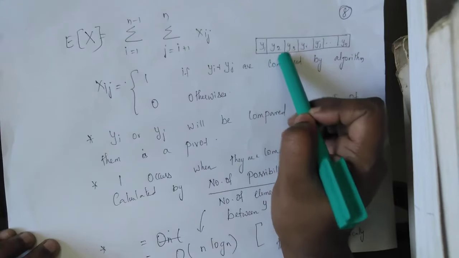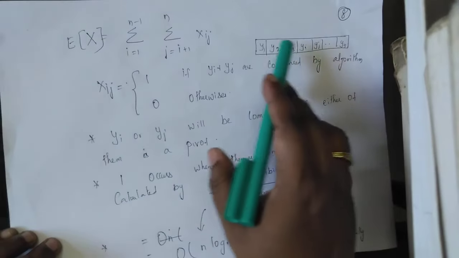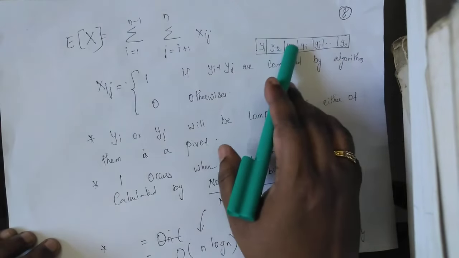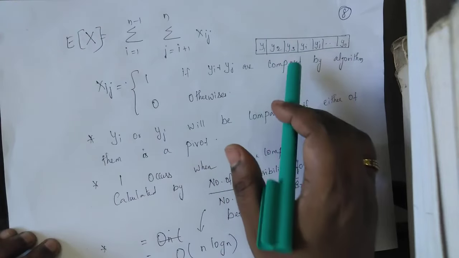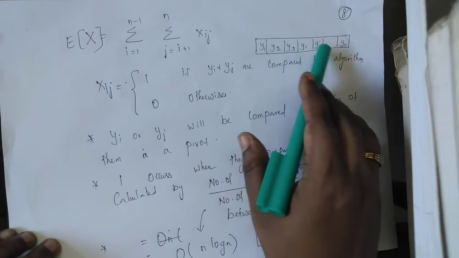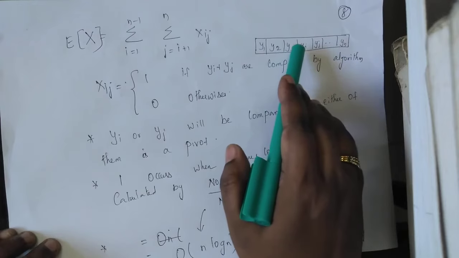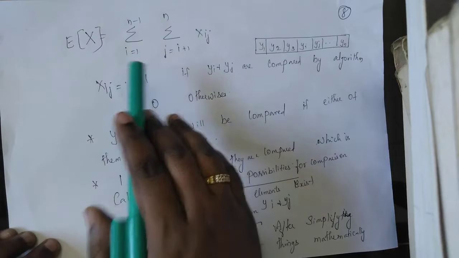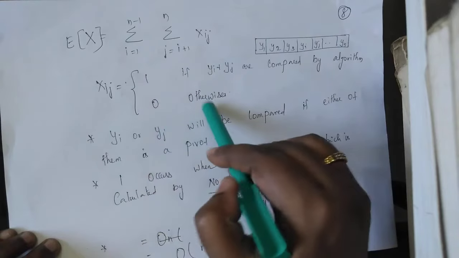So what is the probability that two elements are compared? The elements will only be compared if they are in the same array. They will not be compared when they are split, when they are divided. When the array gets split, they won't be compared. We are only interested in finding their count. So the value is 1 when they are compared, otherwise it is 0.